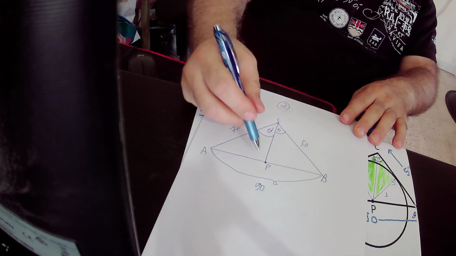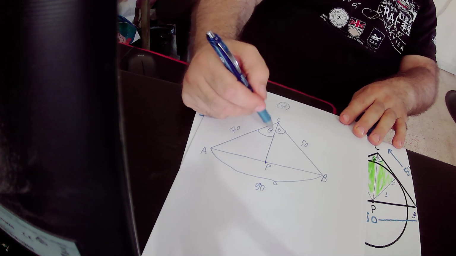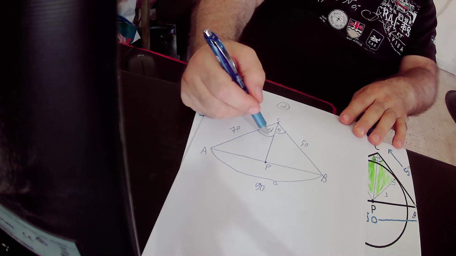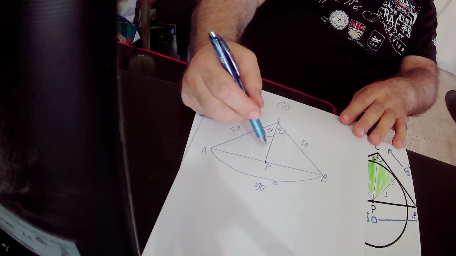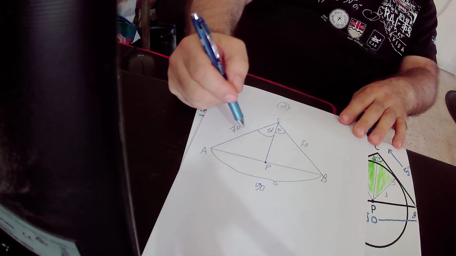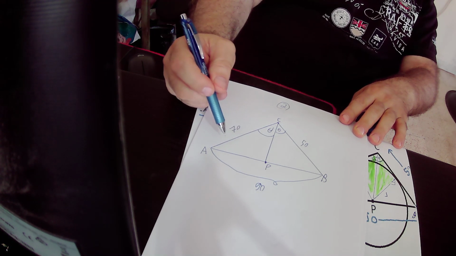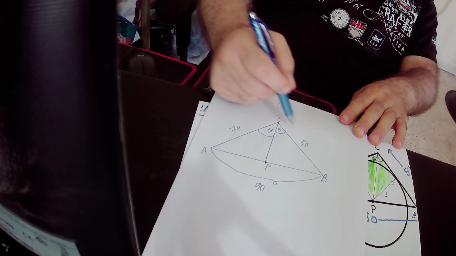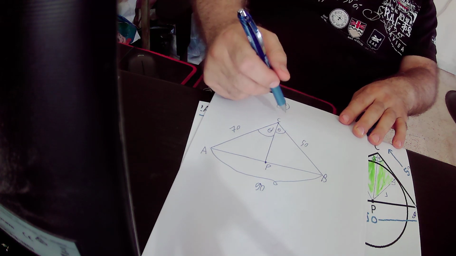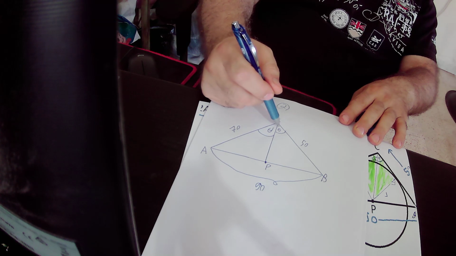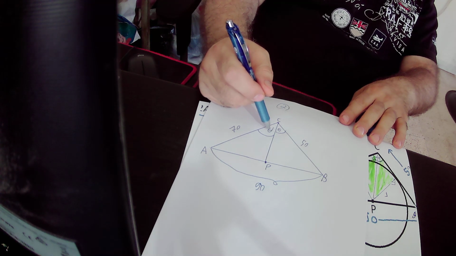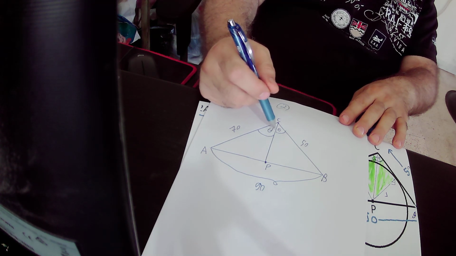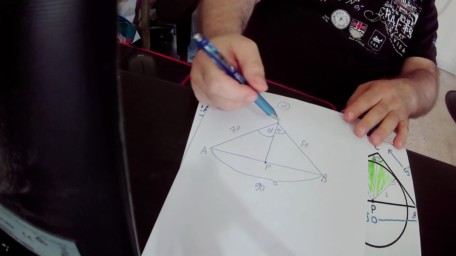So PC is actually the bisector angle because it divides angle ACB in the triangle into two equal parts, because it creates angle theta that equals angle theta.